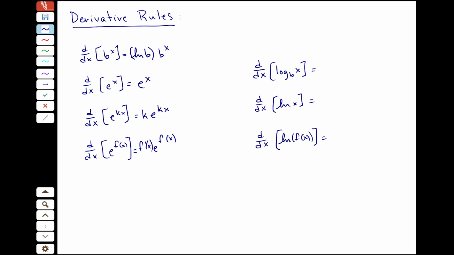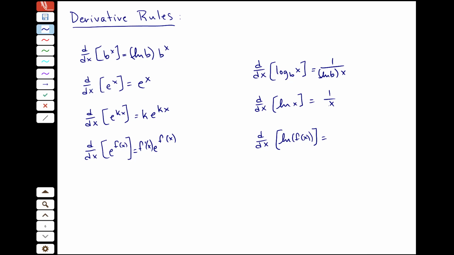Okay, on the other hand, we have the derivatives of logarithms. The derivative of any logarithm log base b is 1 over the natural log of b times x. So in particular, if we have a log base e, meaning the natural logarithm, we just get 1 over x.